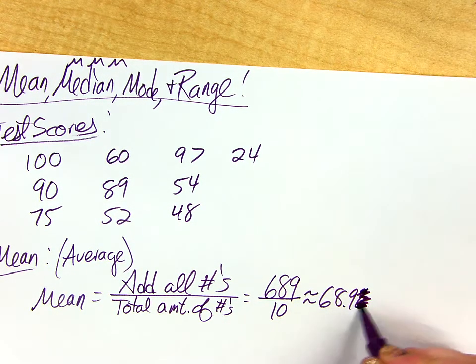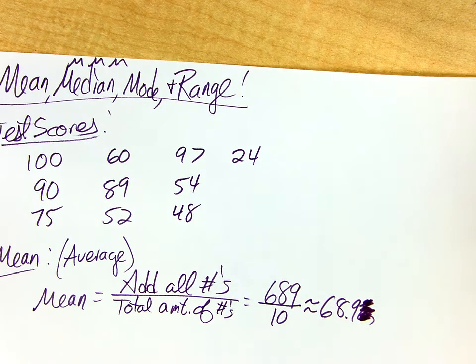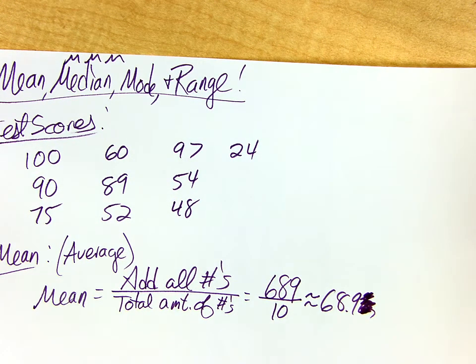I'm going to cross that out. So 68.9 happens to be your average test grade, if these are your test scores. Does that make sense? So that's all there is to mean. Add all the numbers together, divide by how many you have. Everybody's good? Easy enough? You remember doing this?